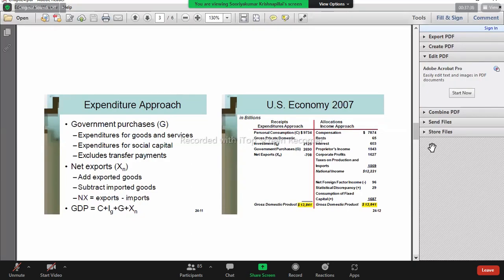So the income approach: compensation for labor, rent for land, interest for capital. If it is a private firm, that is their profit. So a sole owner or partnership business, that firm's profit we call proprietor's income.